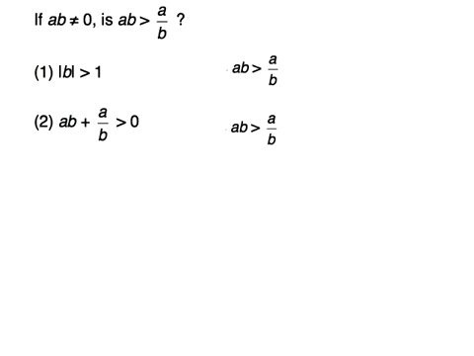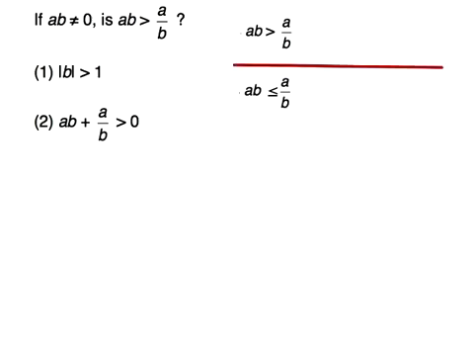The yes type of situation would be if AB is actually greater than A over B. And the no type of situation would be if AB is less than or equal to A over B. So there's our device: statement 1, statement 2, and both.